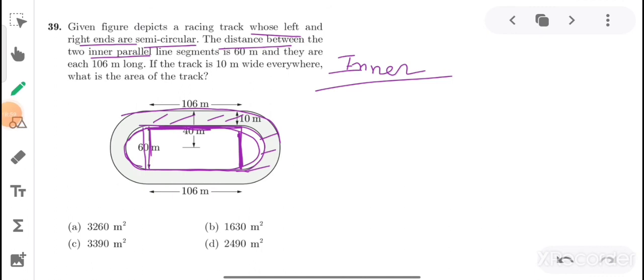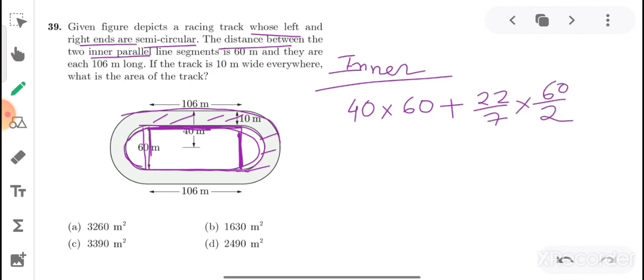Okay, then this is 60 meter. So area of the inner rectangle, that is 40 into 60, plus 2 half circles, 2 semicircles, that give a full circle. So its area will be 22 by 7 into 60 by 2, as the radius is 30, diameter is 60.